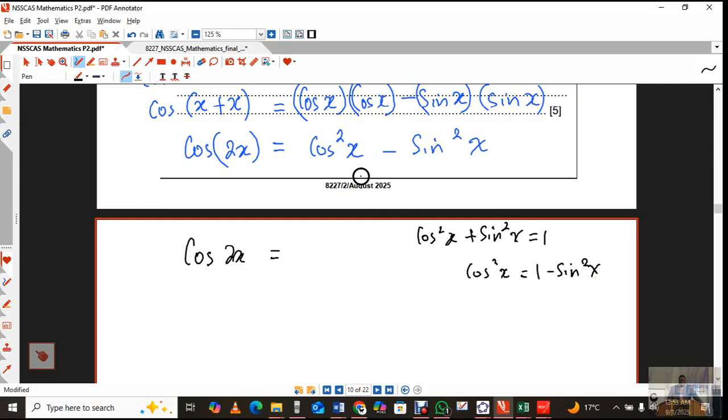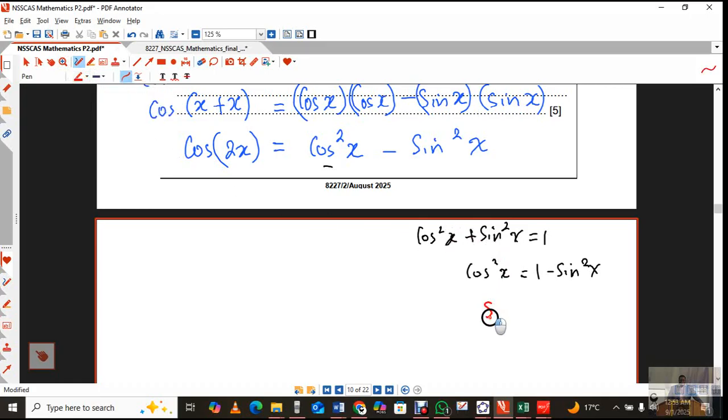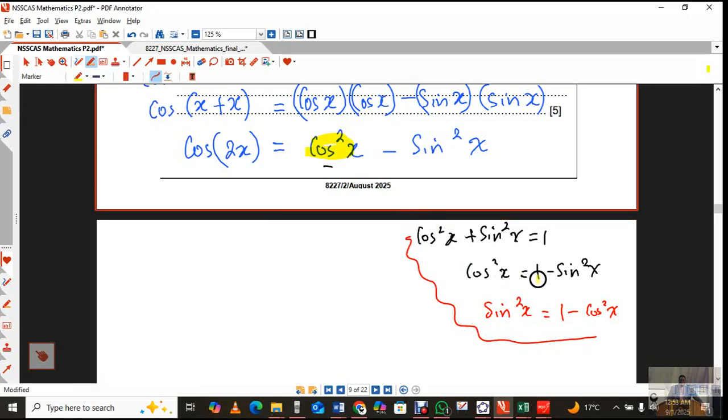And at the same time, let me also make the other one. If I make sine square x the subject of the formula, that's going to be 1 minus cos square x. So from here, I'm going to see where I have cos square x, and replace it with this to see what the other ones are, because there are 3.